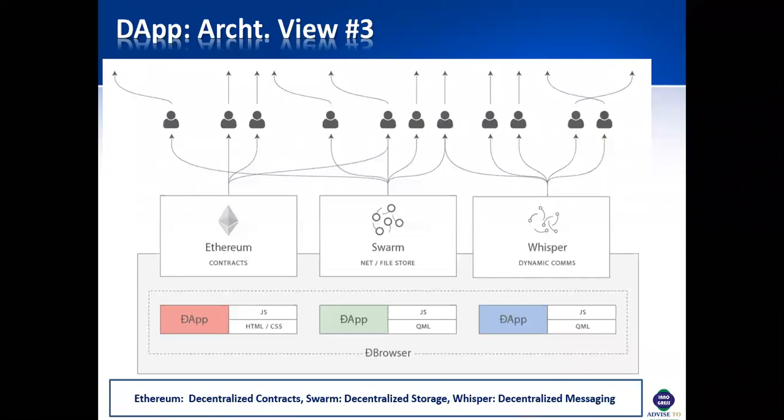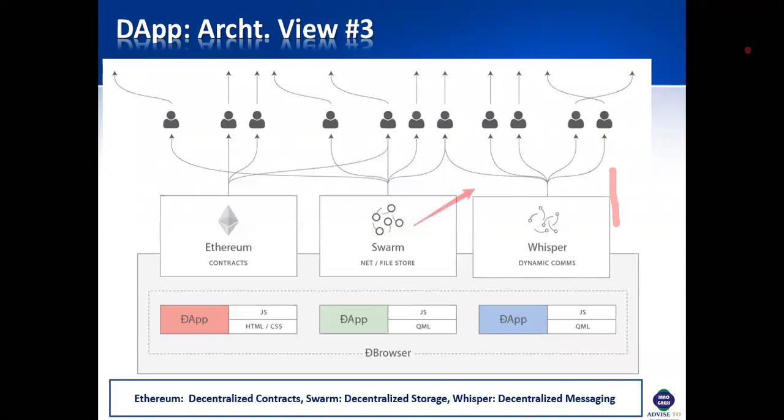So Ethereum is for decentralized contracts, Swarm is for decentralized storage, and Whisper for decentralized messaging. It is an entire messaging platform. Traditionally in enterprise architecture, you must have seen ESB kind of buses for messaging. Here, instead of ESB, you are using Whisper.